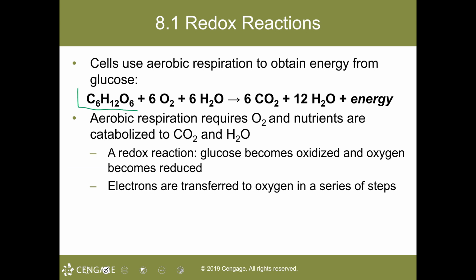Here it is, C6H12O6, that is glucose. Glucose enters our cells through a specific transport protein in the plasma membrane. If you go back to Chapter 5, we discussed how that process occurs. Looking closely, we can now see the entire process as it happens, meaning the overall reaction.